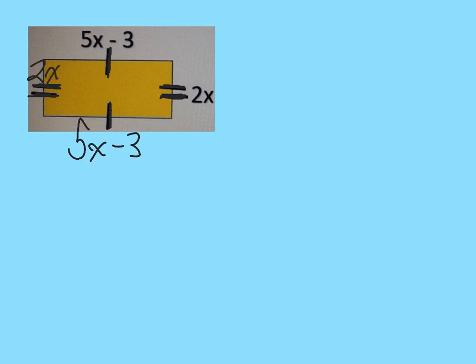Now if I wanted the perimeter, maybe we'll do this a different way. I'll do this with multiplication. So if I want the perimeter, I have 5x minus 3, I have that 2 times, plus I have the 2x 2 times. So that's going to take me all the way around.